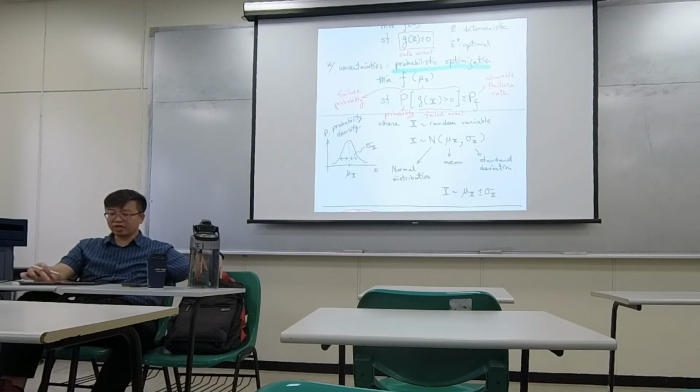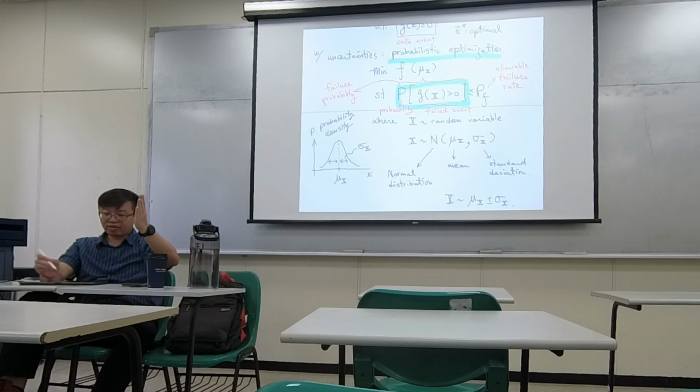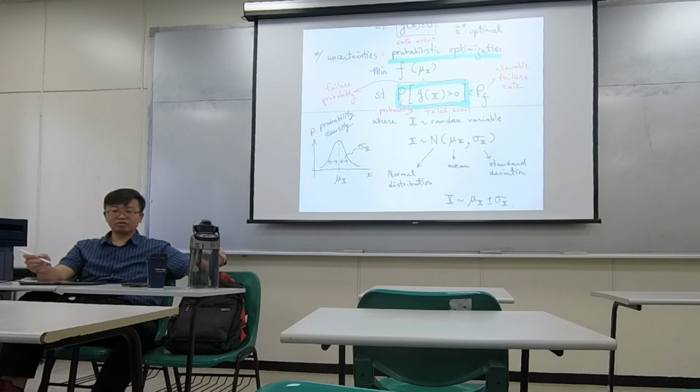So in probabilistic optimization, you are going to have a control point, usually the mean value, and the failure rate must be smaller than the allowable level. Usually this allowable failure rate is small, like 1%, 5%, but how do you control it?